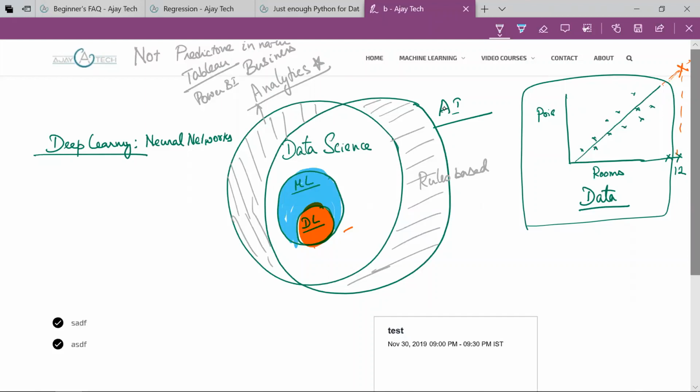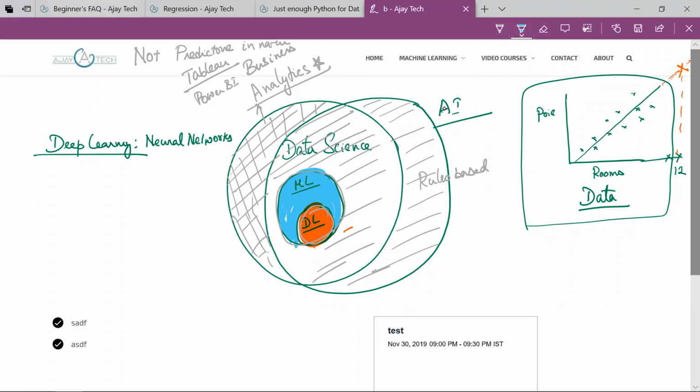And this is the sweet spot that we will be focusing on. A bit on this part, general analytics, and a bit on this part, which is some kind of predictive analysis using a combination of machine learning algorithms and deep learning algorithms.